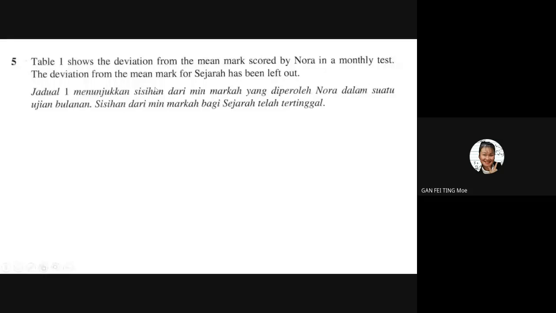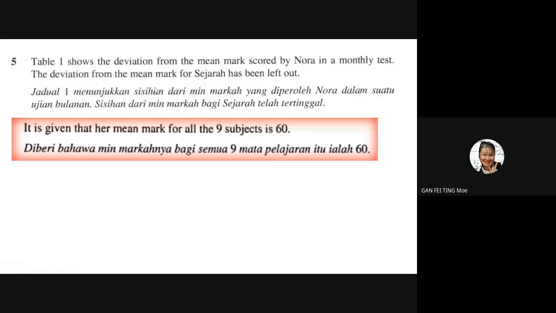So this is another part of the information. It says that given the mean mark for 9 subjects is 60, so the mean mark is 16. Okay. Then we go to the next.